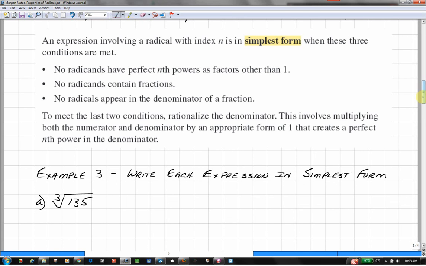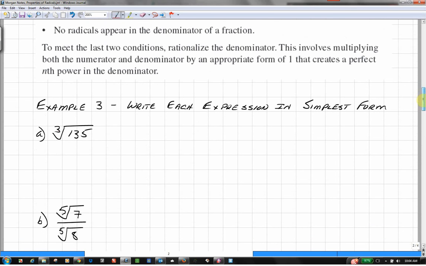So for example, if I had a cube root like I have here in A, I can't have any perfect cubes in there. So whatever the index is of the radical, I can't have perfect powers of that under the radical. I also can't have any fractions underneath the radical sign, and I can't have any radicals in the denominator. So with that in mind, let's go ahead and try to simplify these.